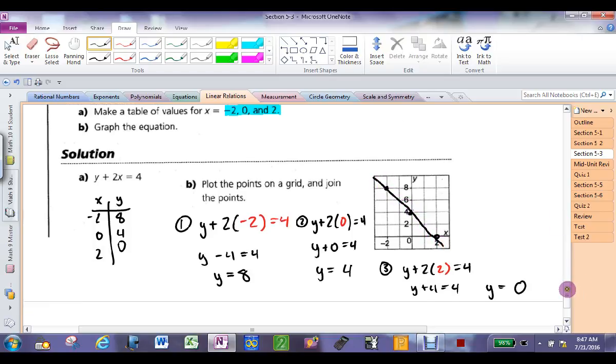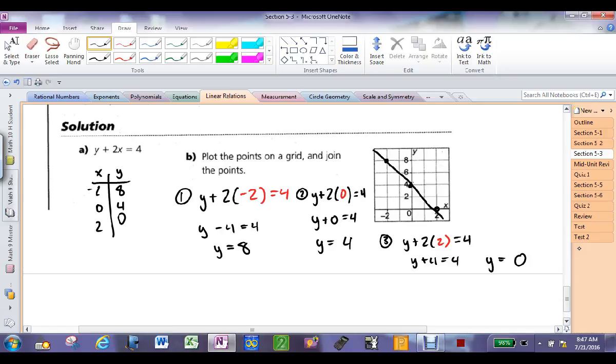Now, to sum up all of today's knowledge, x equals anything, there's only an x, vertical line. Y equals a number, horizontal line.